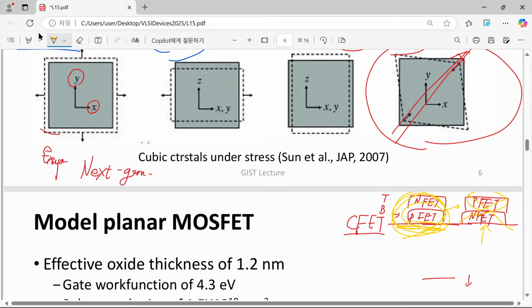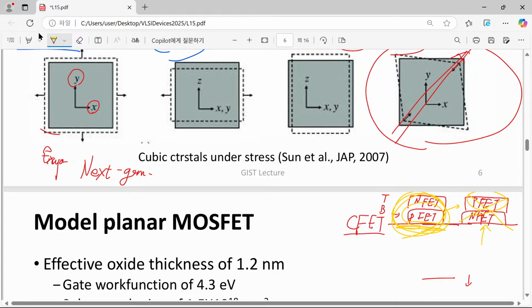So you know that stress engineering is nowadays the top priority when we consider this kind of thing. Now let me give you the final remarks on the strain. Even when we consider new materials like 2D channel materials, people at first try to introduce 2D materials, and they are believed to have a sufficiently high mobility.